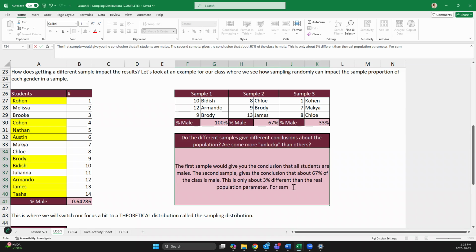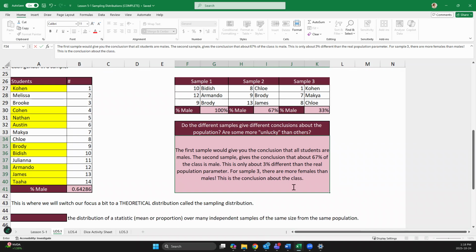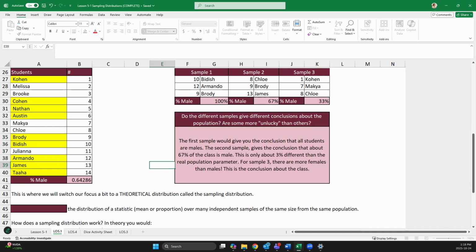And finally, for sample 3, there are more females than males. This is the wrong conclusion about the class. So that one gives you the incorrect conclusion that there's more females in the class just from the sample.